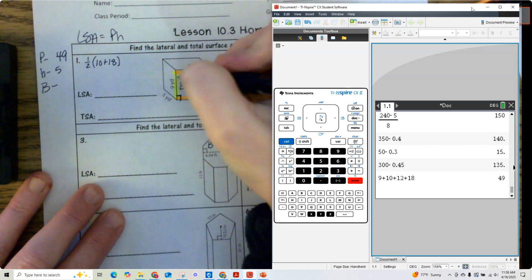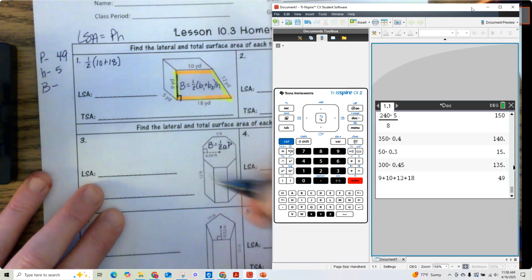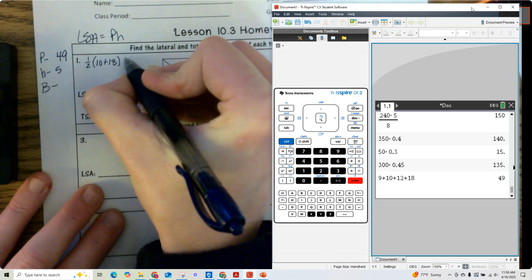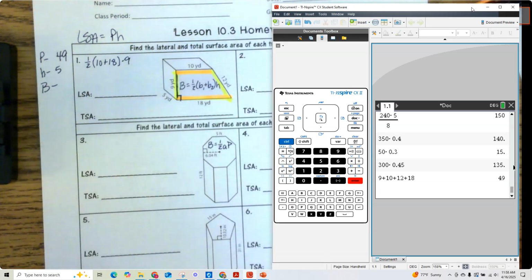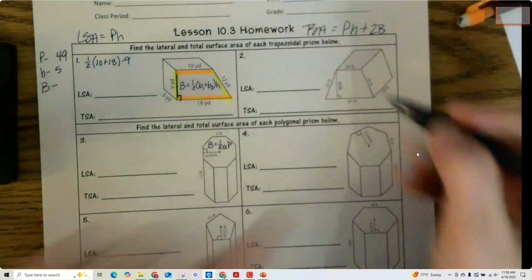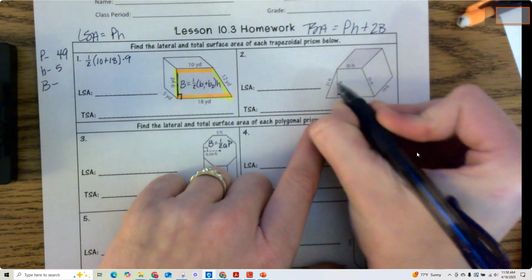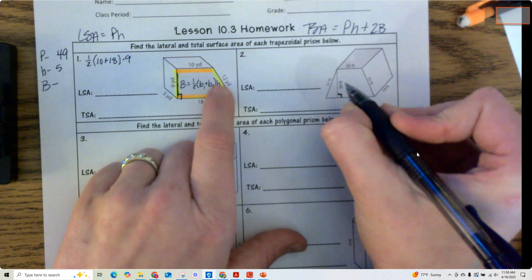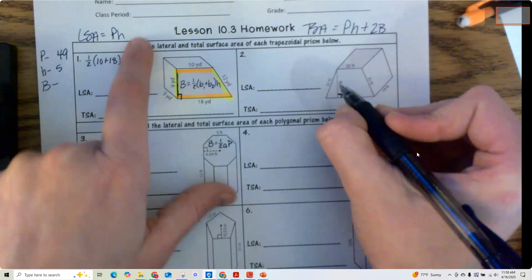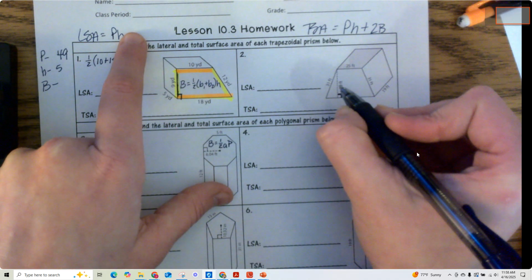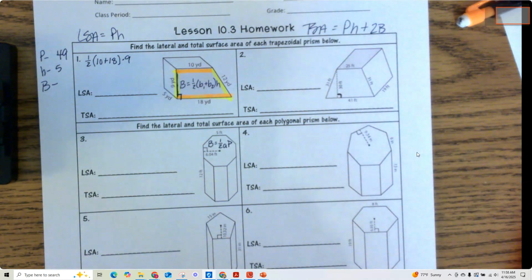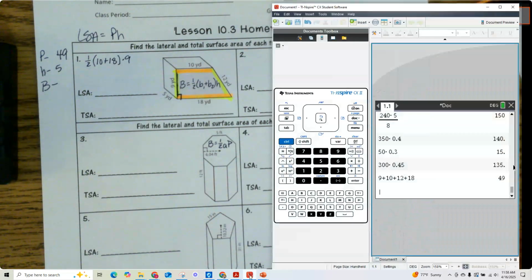It's the other side of that. So that's a 9. Like in this one, see the height here? That's not this height, okay? That's just the height of the pentagon, not of the whole shape. Just be really, really careful with those.